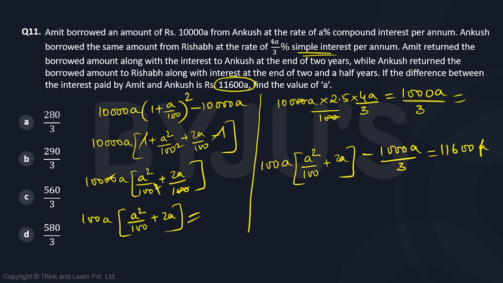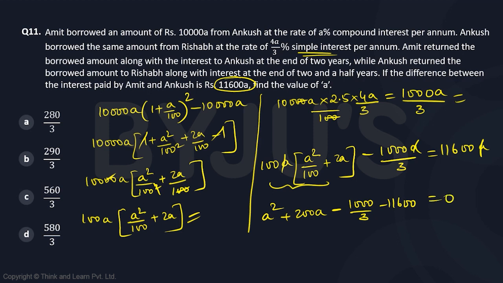So thankfully 1A can directly get cancelled. Open this bracket, you will get A square plus 200A minus 1000 by 3 minus 11600 equal to 0. Unfortunately, substitution also does not work so easily.